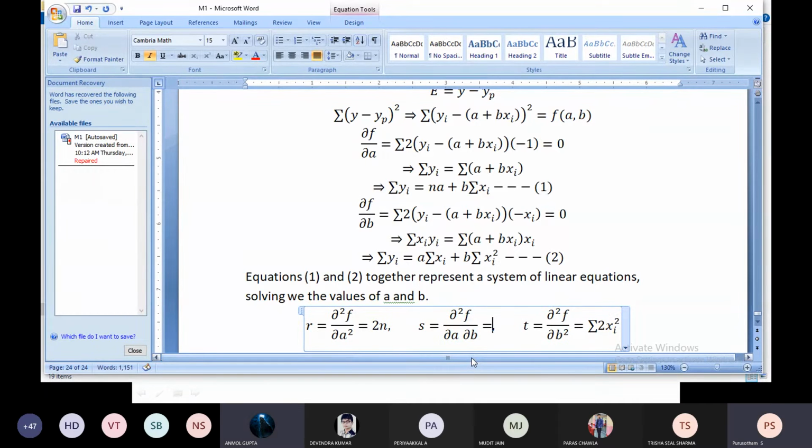Now differentiate this one with respect to a. What is the answer you are going to get? Dou f by dou b with respect to a.